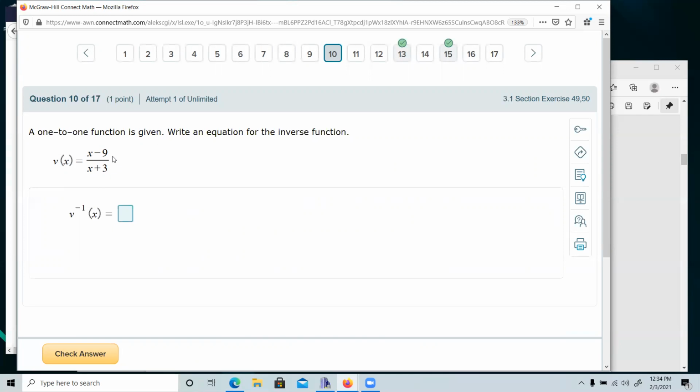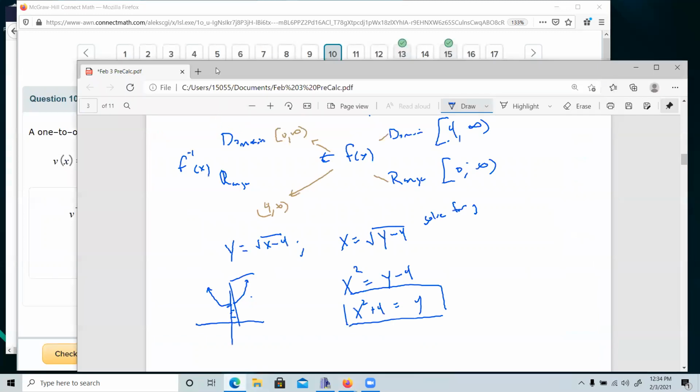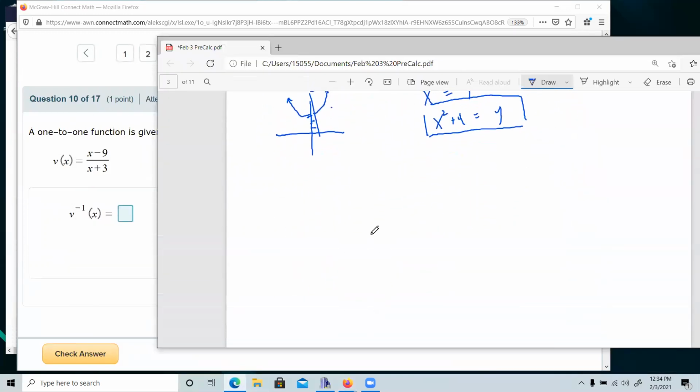So they give us a one-to-one function. We could even graph this if we really wanted to. Write the equation for the inverse function. So we have v of x is equal to (x minus 9)/(x plus 3).